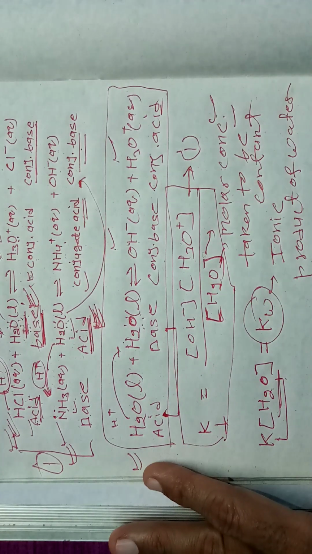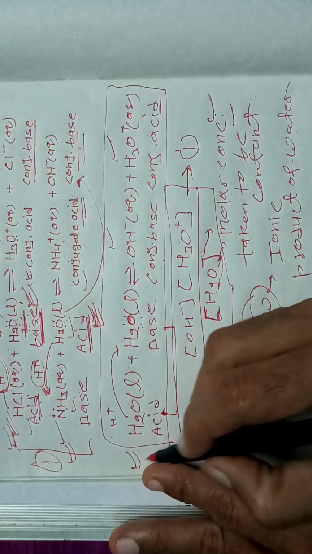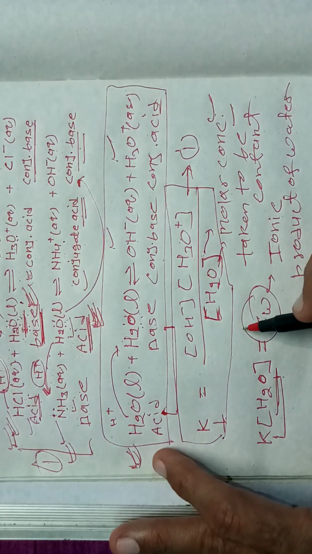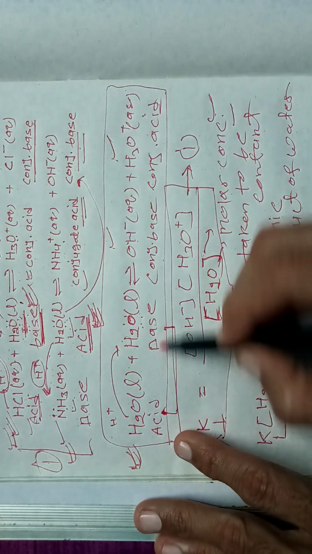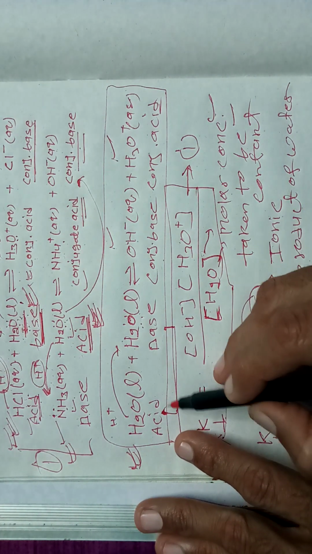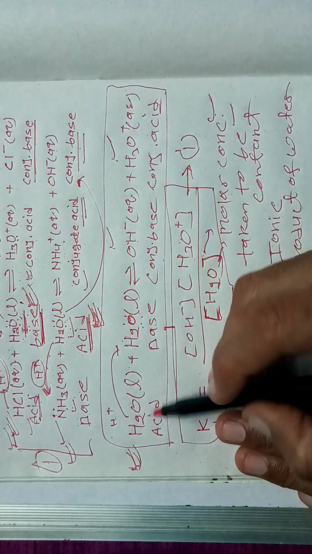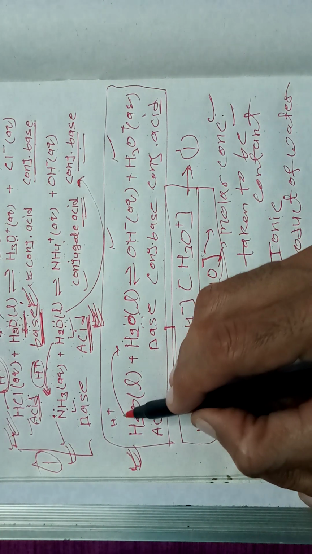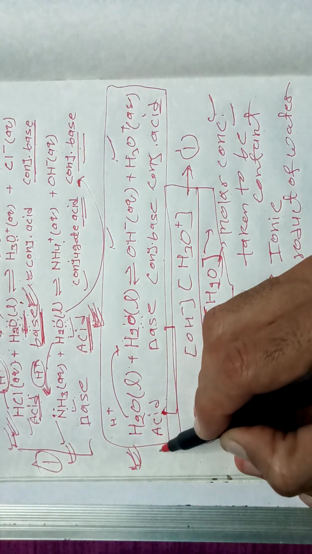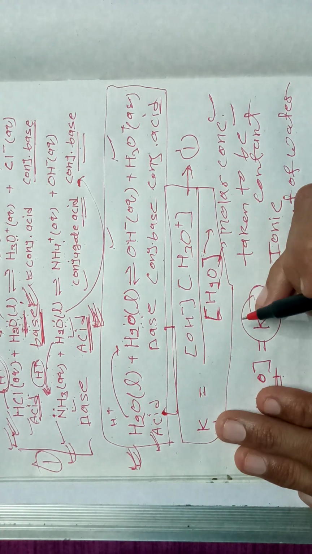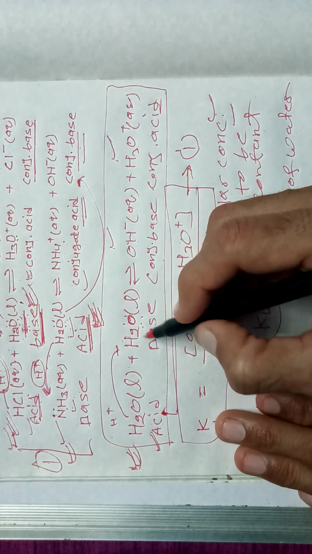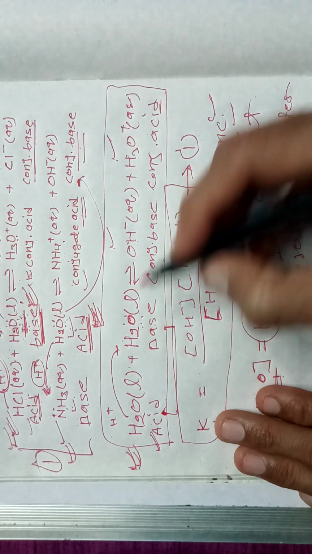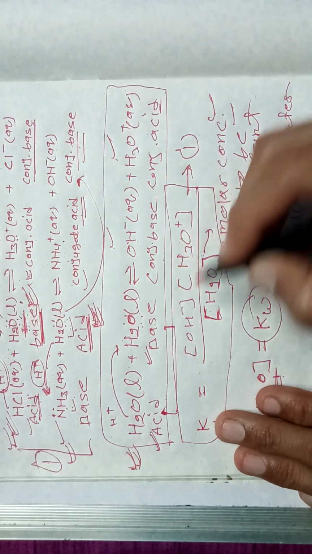Now if we write an equilibrium equation only for pure liquid, here we have taken two molecules of H2O. One molecule of H2O releases H plus, so it can be considered as an acid, and another which accepts H plus can be considered a base.